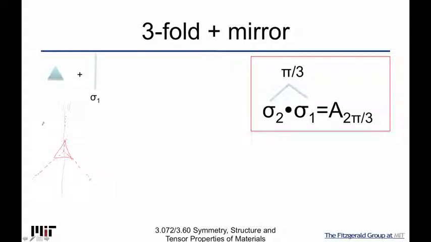And if I put a mirror plane through here, I'm going to reflect everything across that plane. If I put sigma 1, I'm going to put a mirror plane there and reflect everything across that way, right?